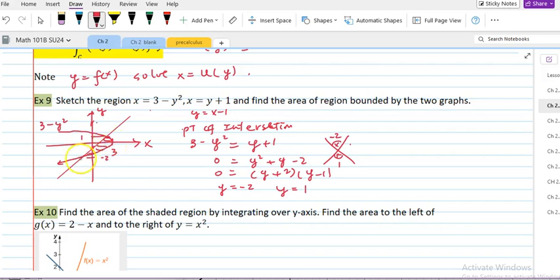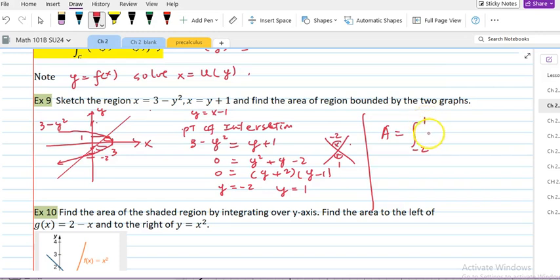So in all of this interval, negative 2 to 1, my 3 minus y squared is always on the left side, and my line y plus 1 is always on the right-hand side. So my area would be equal to, what is my a and b? My a and b would be from negative 2 to 1.